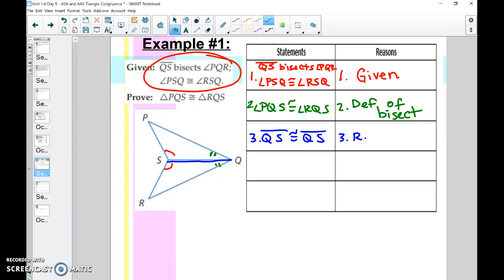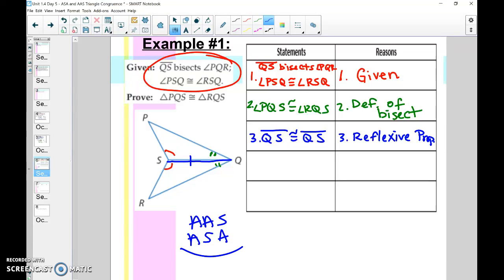And notice I'm still numbering on each side, and hopefully in your brain you were thinking reflexive. That is going to be something you see on the quiz a lot, so be ready to recognize that and use it. So now I've got angles here, side in the middle, angle on the outside. That's enough to do which one of these? Is it AAS or ASA? Is the side in the middle, or is it after the angles?